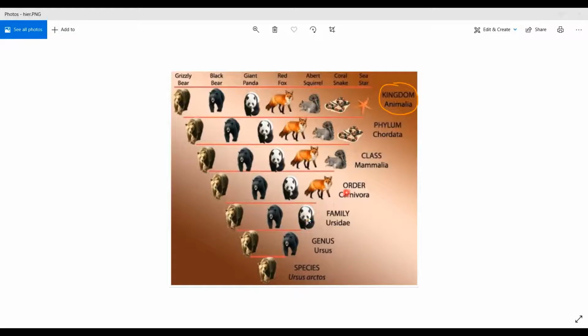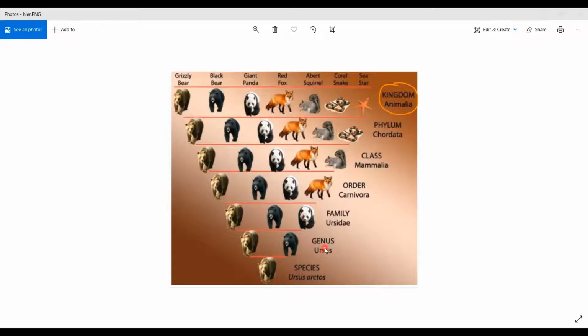This panda has to be excluded. So he excluded the panda, and we are left here with two types of bears, which we call the genus. Each one of them is a species of this genus. So this brown bear is a species of the genus, and this black bear is another species of the genus.